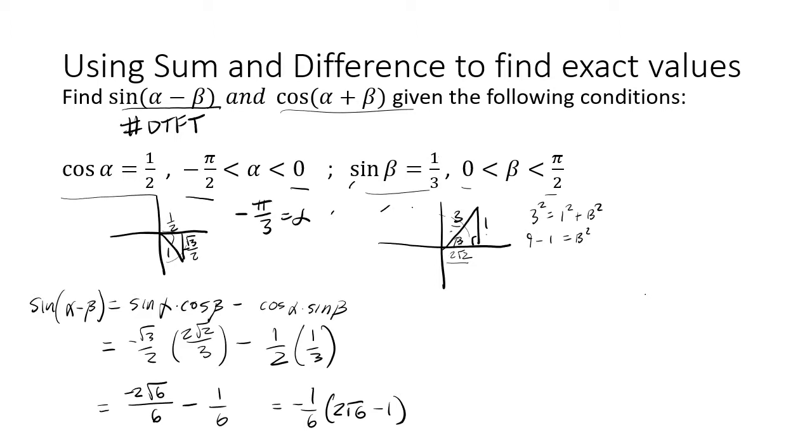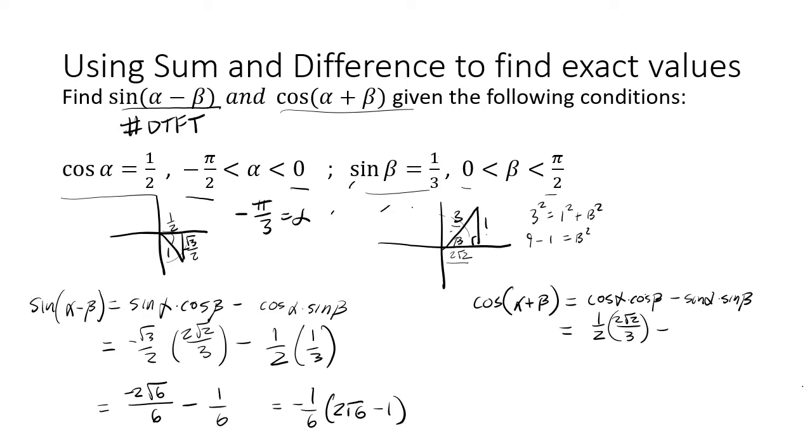Okay, and then the last one, cosine of alpha plus beta is equal to, write out what it is, cosine of alpha times the cosine of beta minus sine of alpha times the sine of beta. So that's going to be, what's the cosine of alpha? It's given to us, it's 1/2. What's the cosine of beta? We already found it over here. It's 2 root 2 over 3. So we're multiplying those together.